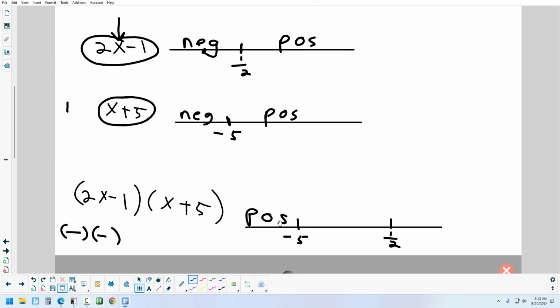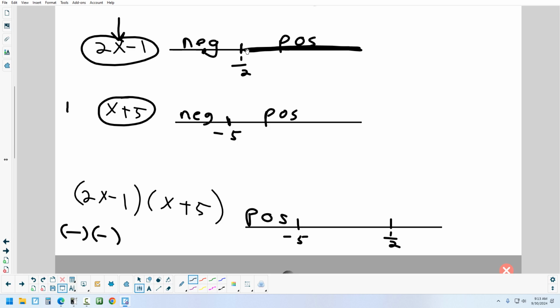Now let's look at between -5 and 1/2. In the top number line, if I'm between -5 and 1/2, what section am I in? Positives would be over here. So let's pick a number between -5 and 1/2, 0.